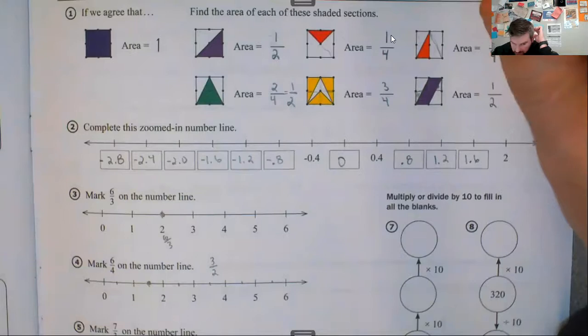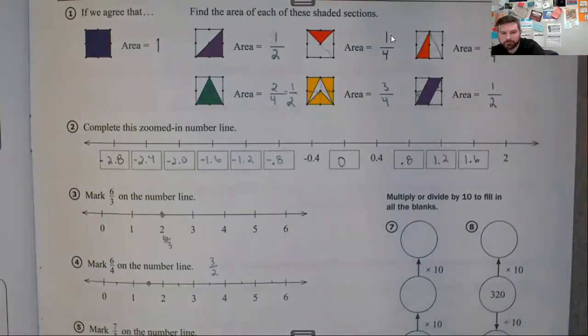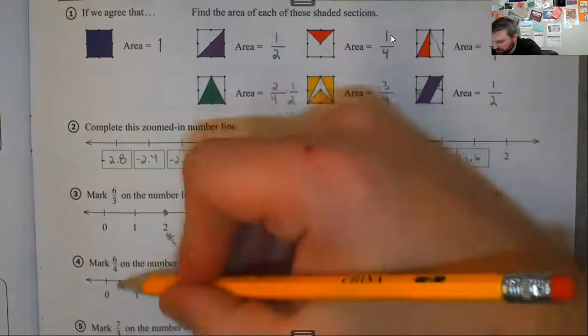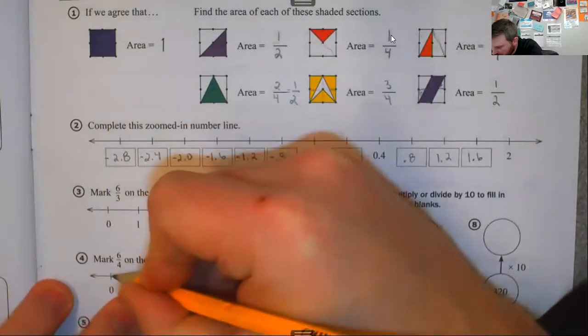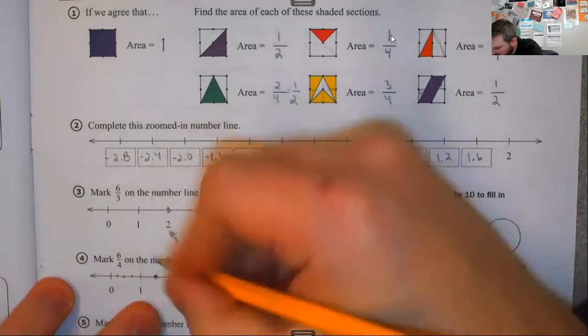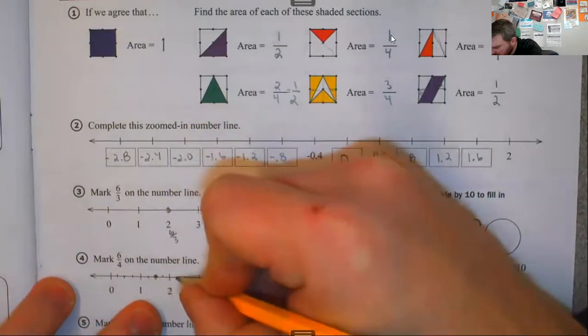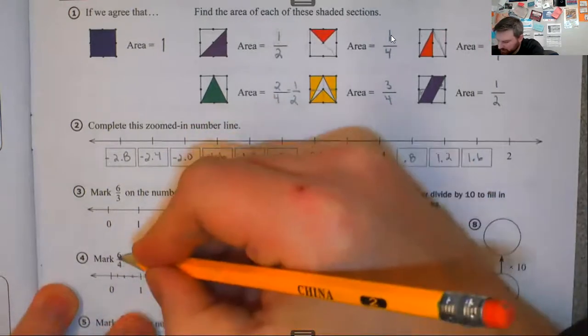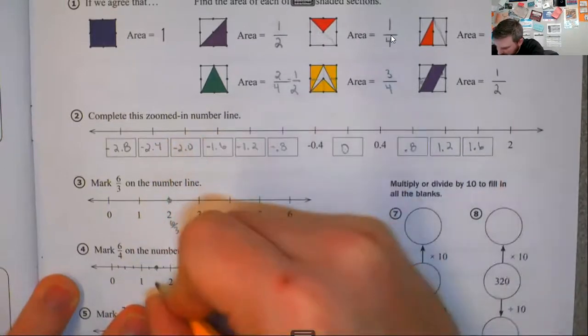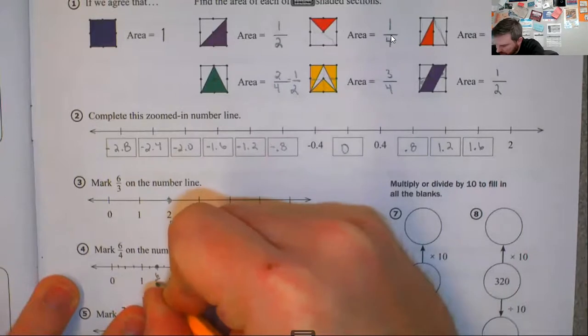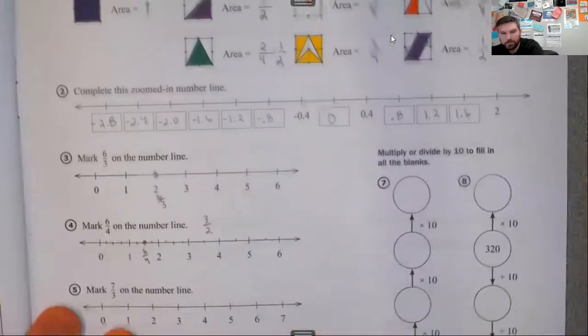You could also think of it as splitting everything into fourths. So like here, I got 1, 2, 3, 4 sections, split it into fourths, and you want the 6th fourth. So 1, 2, 3, 4, 5, 6. So 6/4, which is 3/2.